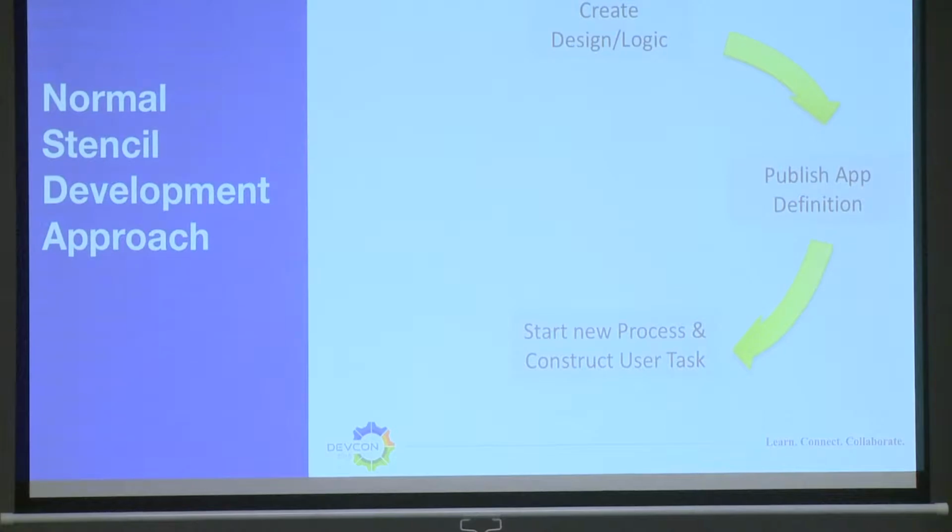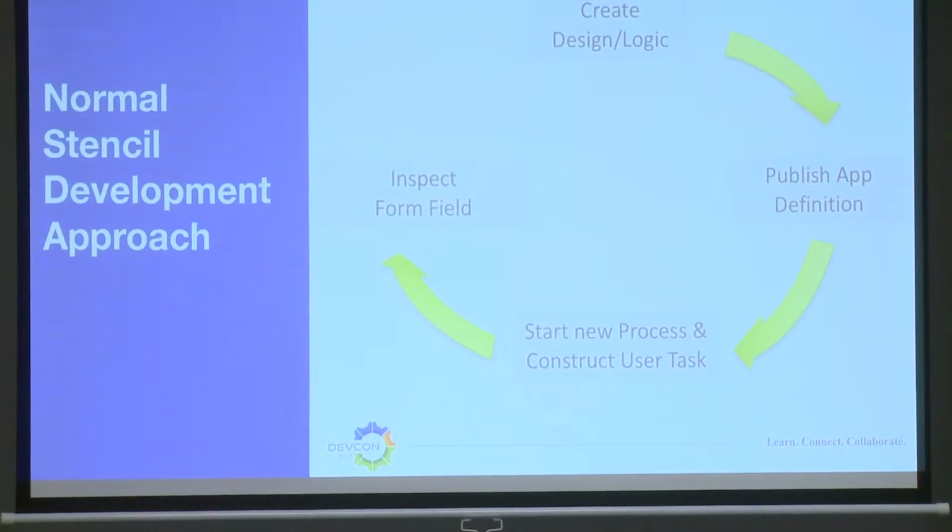After this, you need to start a new process and enter the user task, to input some initial data maybe. And here's the first time where you can really see the result of your form field, where you can inspect your form field.